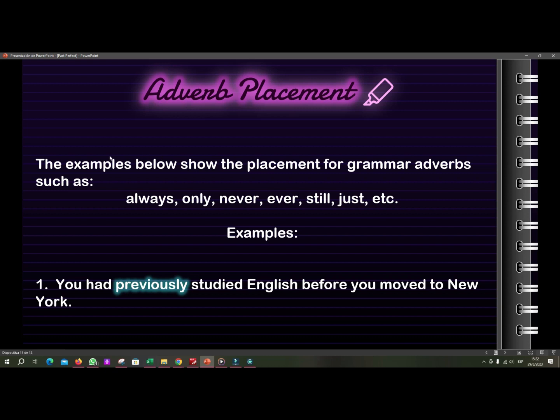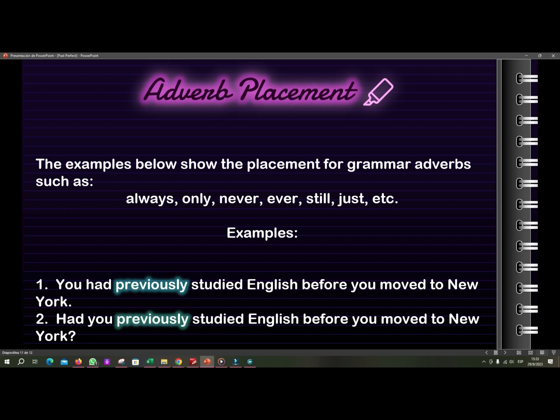So in this case, you have first the subject, then the auxiliary, and after the auxiliary you write the adverb previously, right? Then you have the main verb in past participle and the complement. So: you had previously studied English before you moved to New York.